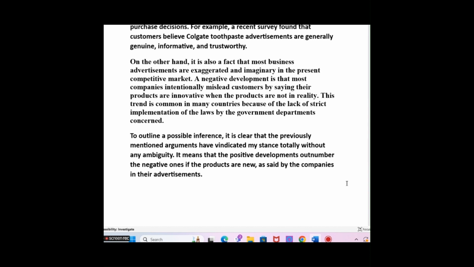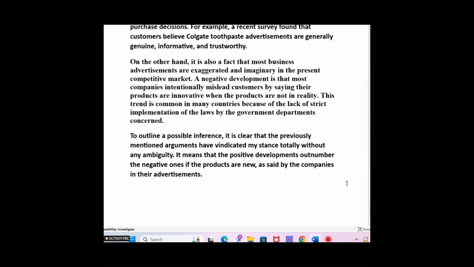This is a fixed sentence in the conclusion. Vindicated means justified my stance, my stand; without any ambiguity means without any confusion.